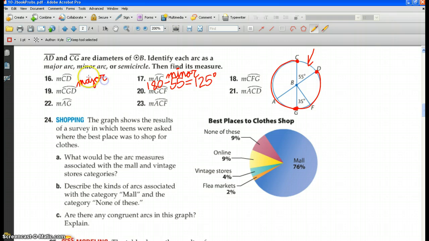And I'll just write major. And to find its measure, we would take the entire circle, or 360, and subtract the part that we don't want, which is 55. So my answer here would just be 305 degrees.